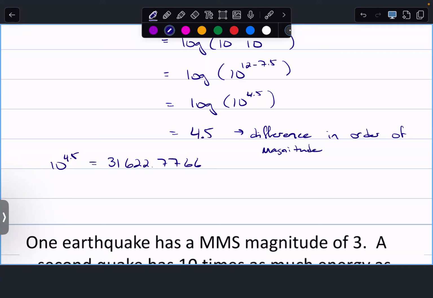This is the difference in order of magnitude of energy. So then I can take that here, 10 to the 4.5 is the actual difference in energy.